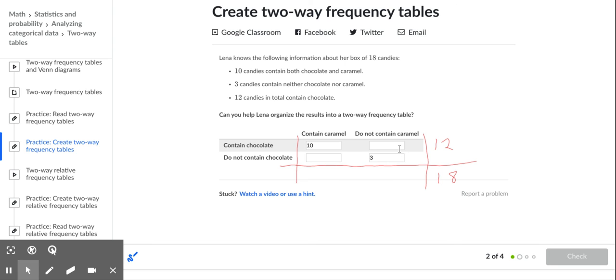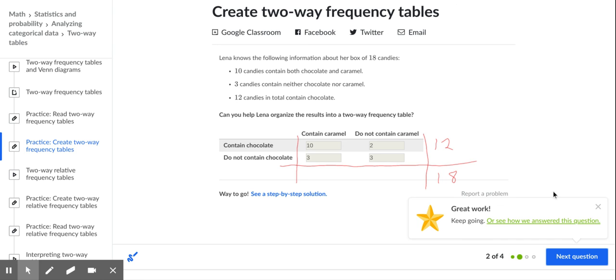So now we just need to do a little bit of math to figure it out. So if I have 10 here, and when I add these two together, I need to get 12, then this must be 2, right? And they all together need to equal 18. So far I have 10, 12, 15 accounted for. So what's left? Well, 3, right? 15 plus 3 is 18.